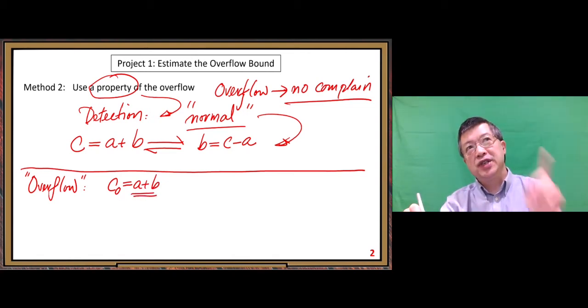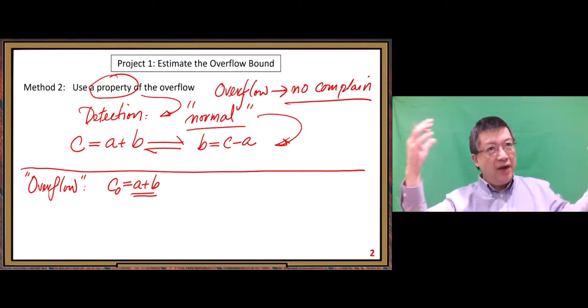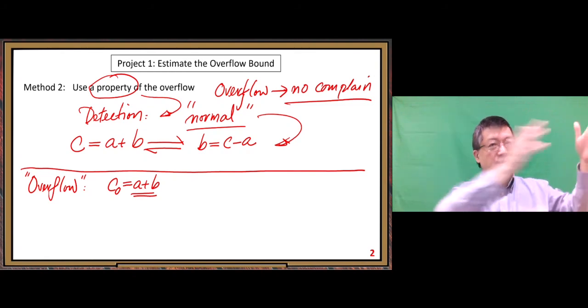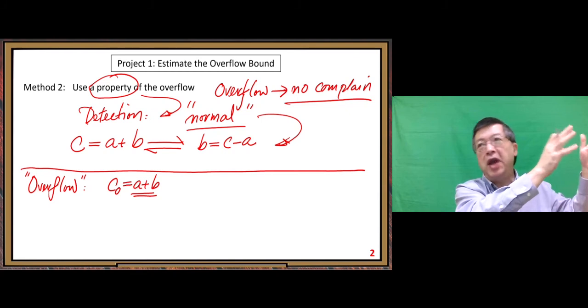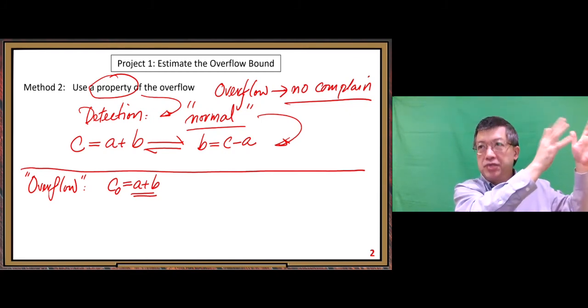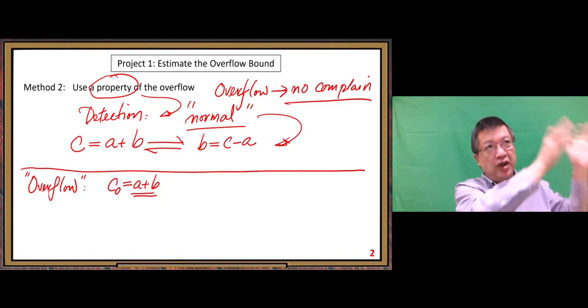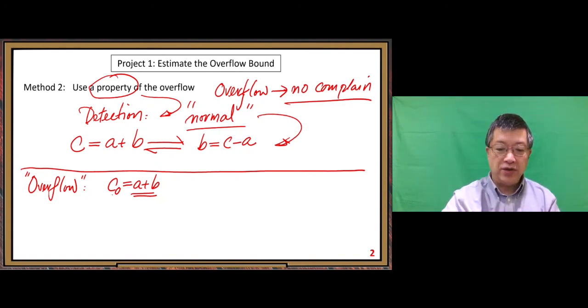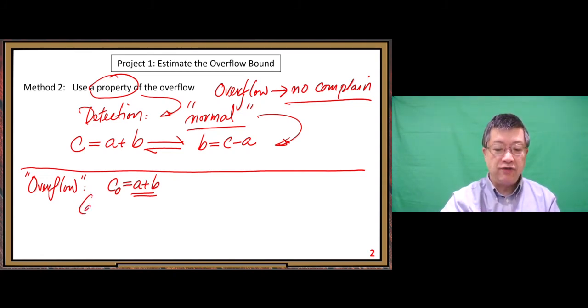So I use C0 to mean the overflow value, that is, the truncated value. The bits you need are more than a long integer can take, so those higher bits will be truncated. After truncation, I use C0 to denote that result.